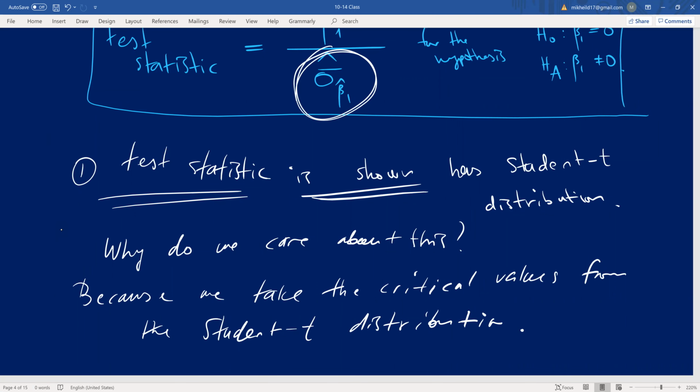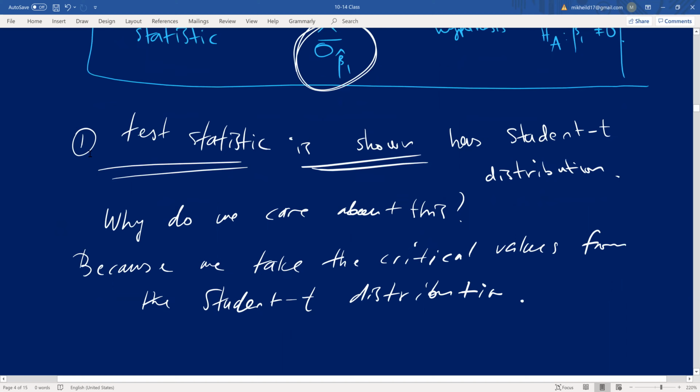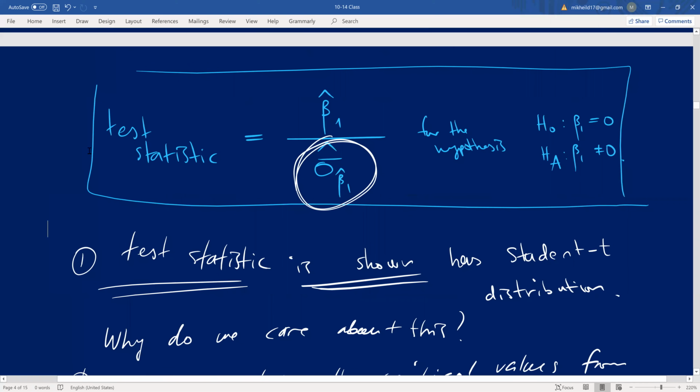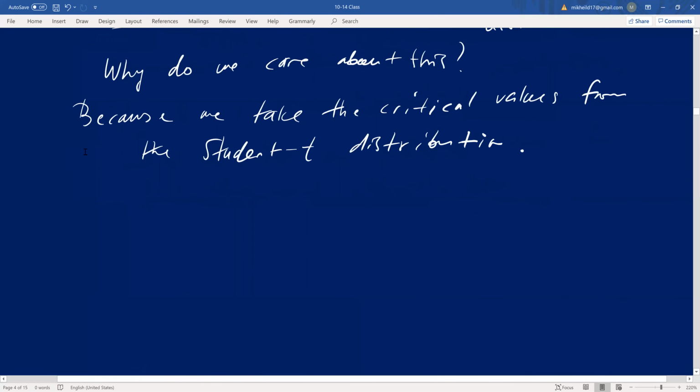And what happens next? You just compare your test statistic to the student t distribution, and then you draw your conclusion. But another thing that you need to know is the following.